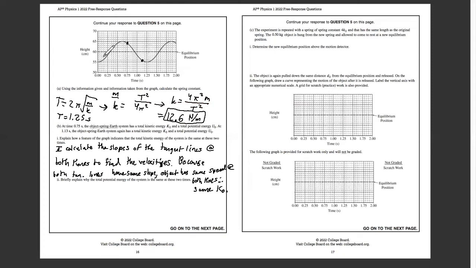So the reason why we are going to have the same potential energy in both cases is because at time 0.75 seconds, the mass is located at a higher height. Okay, that's fine, but that doesn't really tell us much on its own.